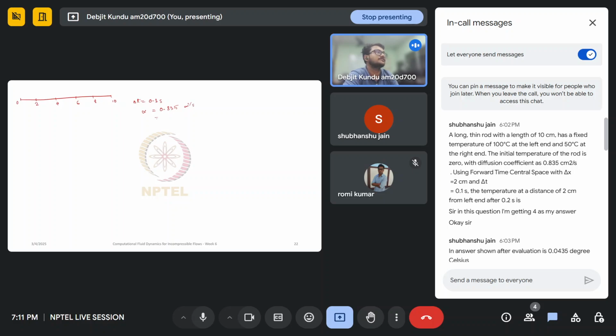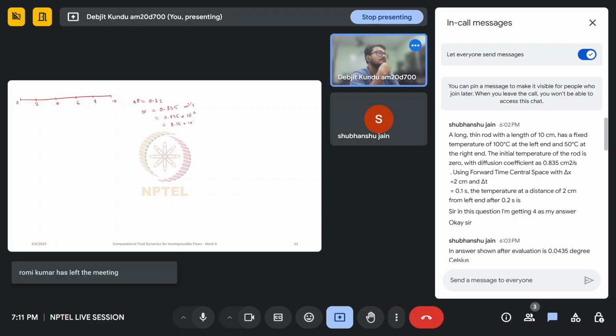So let's convert this to meters squared per second. It will be multiplied by 10 power minus 4. So 0.835, I can write this as 8.35 times 10 power minus 5 meters squared per second. This is our alpha.